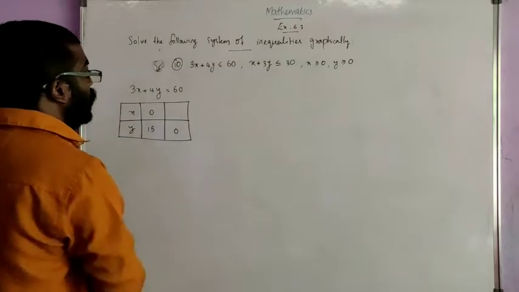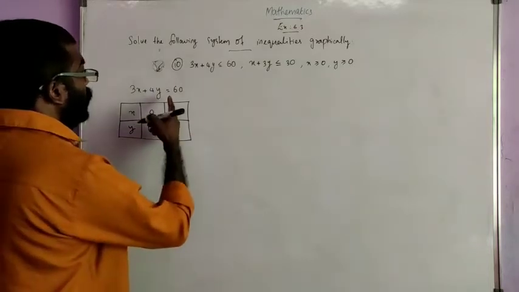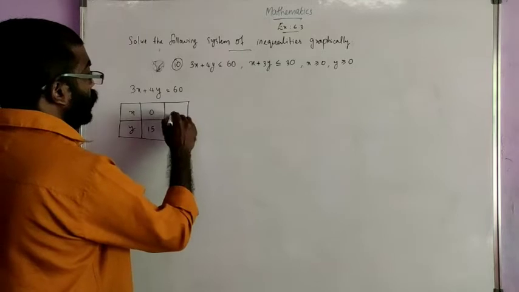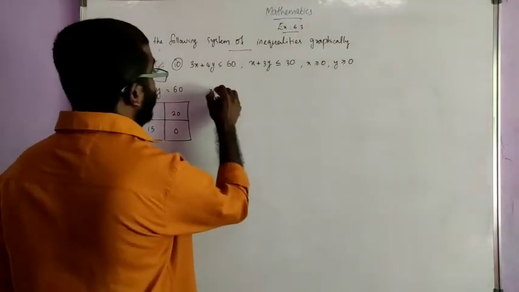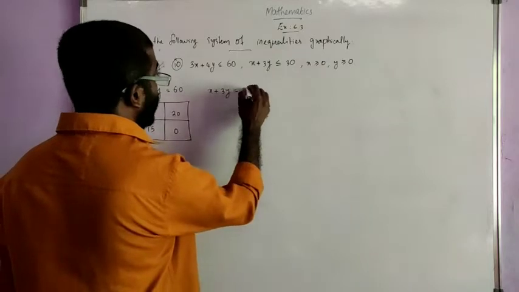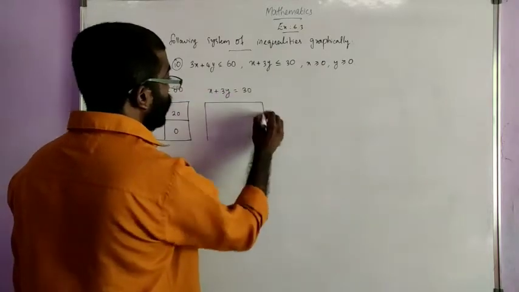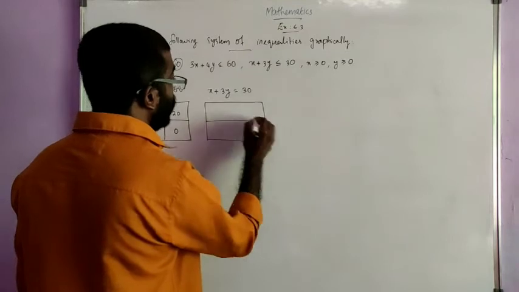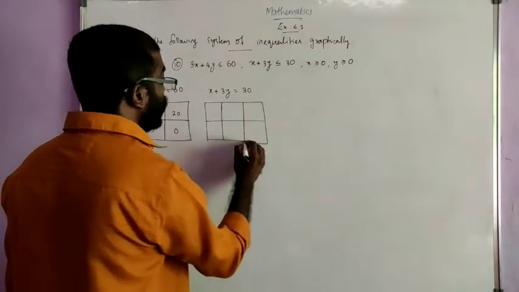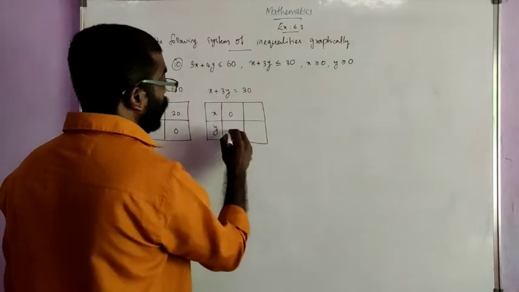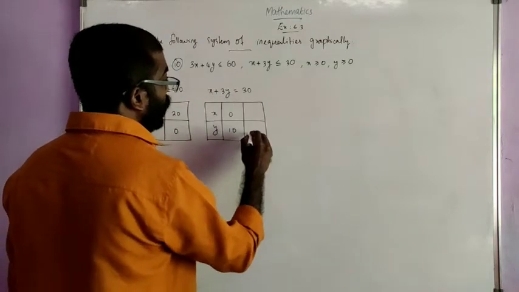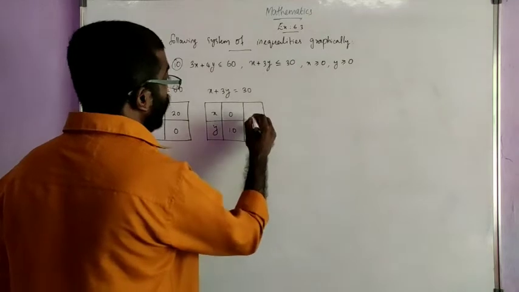And y is equal to 0, x equal to 60 by 3, 20. Okay. The next one, x plus 3y is equal to 30. When x equal to 0, y is equal to 30 by 3, 10. And y is equal to 0, x equal to 30.